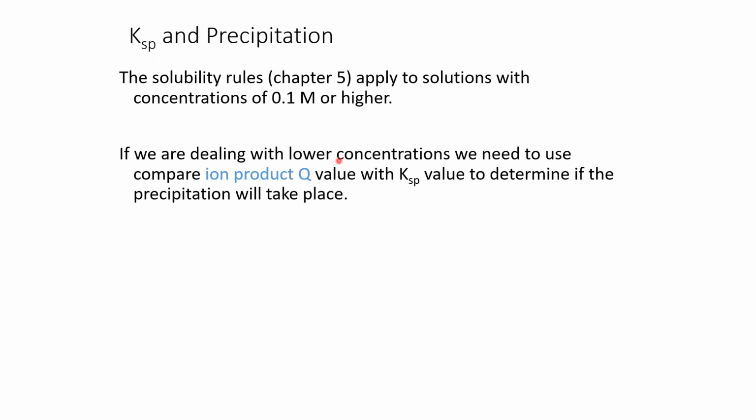So what we're going to do is calculate Q values, similar to the way we did in equilibrium problems in previous chapters, and compare the Q values to the K values to decide whether or not we have an equilibrium established. And if we don't, we can figure out whether a precipitate forms.